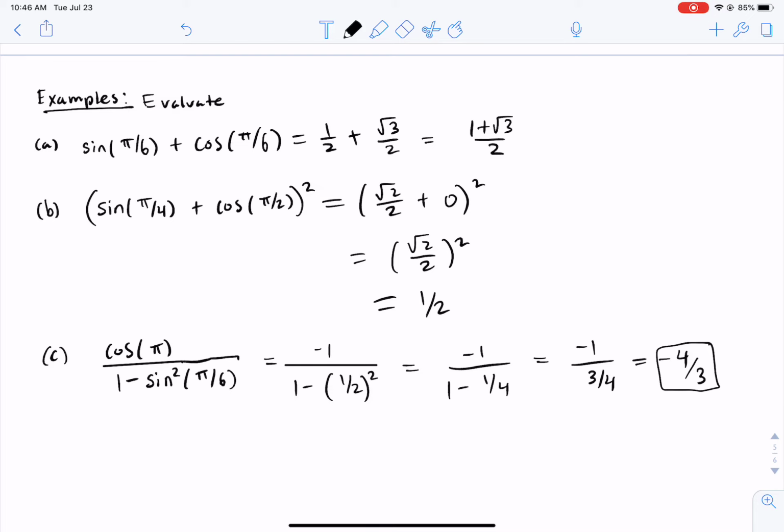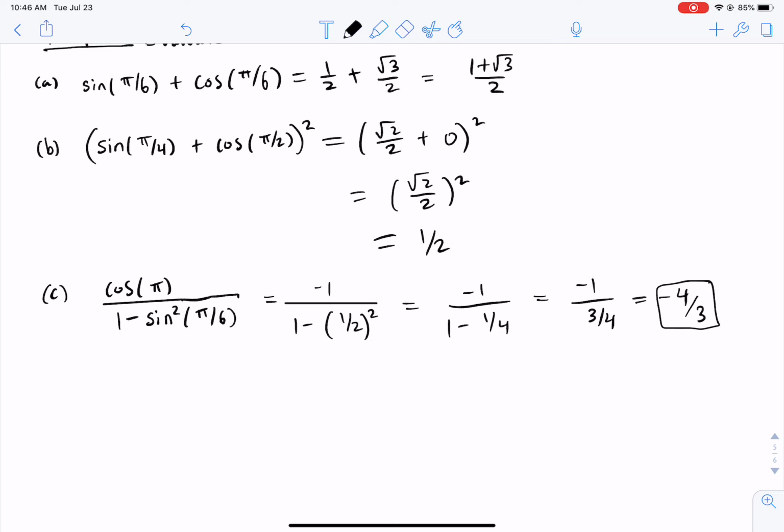There are other things like this one, for example. Take a look at this. D. What if I ask you to compute sine of pi over 3 times cosine of pi over 6 minus tangent squared of pi over 4?